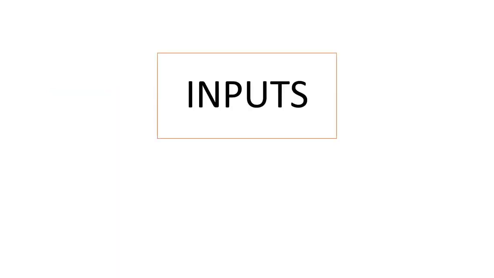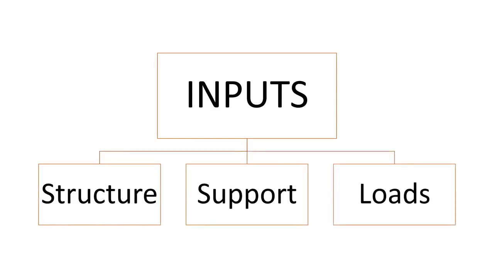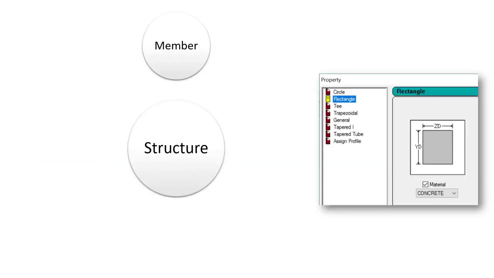So as I said, inputs consist of defining the structure, creating its support, and defining the loads. Structure consists of creating different members in a specific geometry and as well as defining those members. For example, on the right, you can see how STAAD defines its various members.